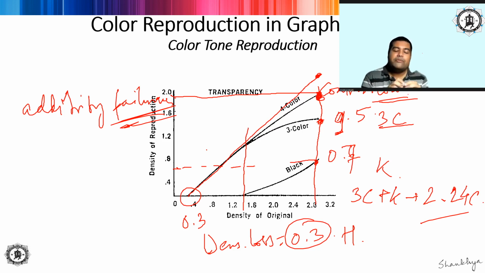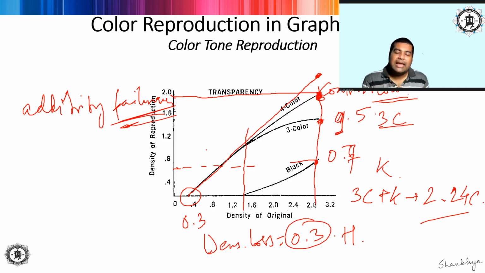What will happen? We'll get higher quantities of blobs of colors printed. If we want in half-tone reproduction very clear dots which are separate from each other, which do not increase in size, that is not happening over here.